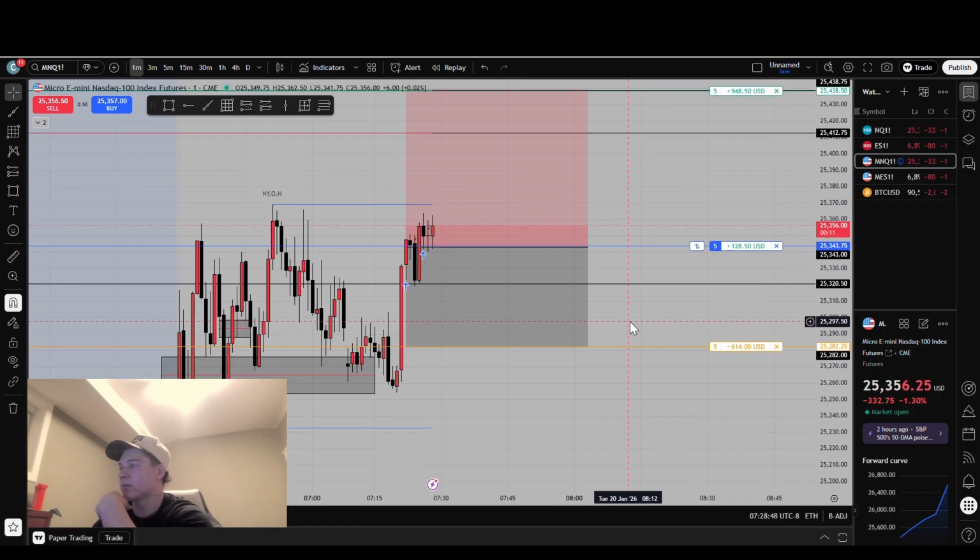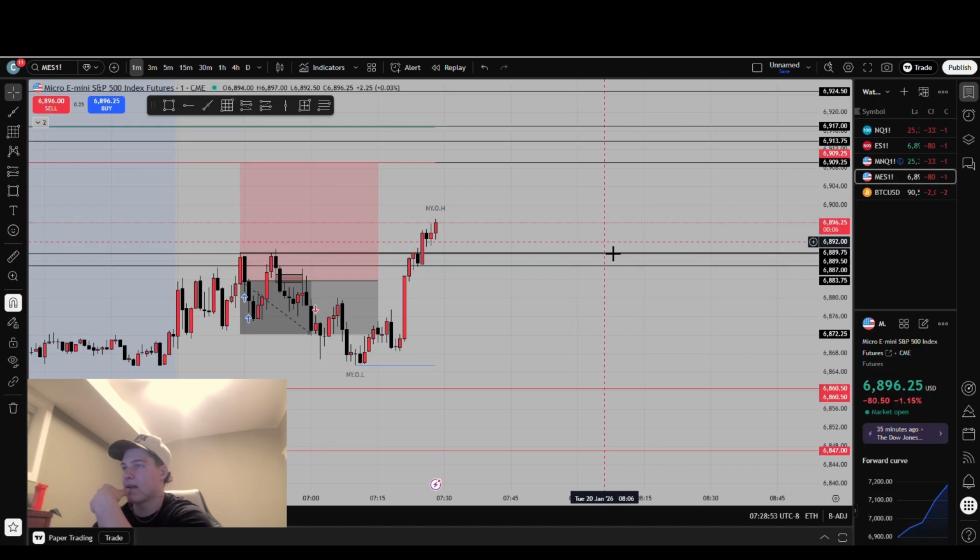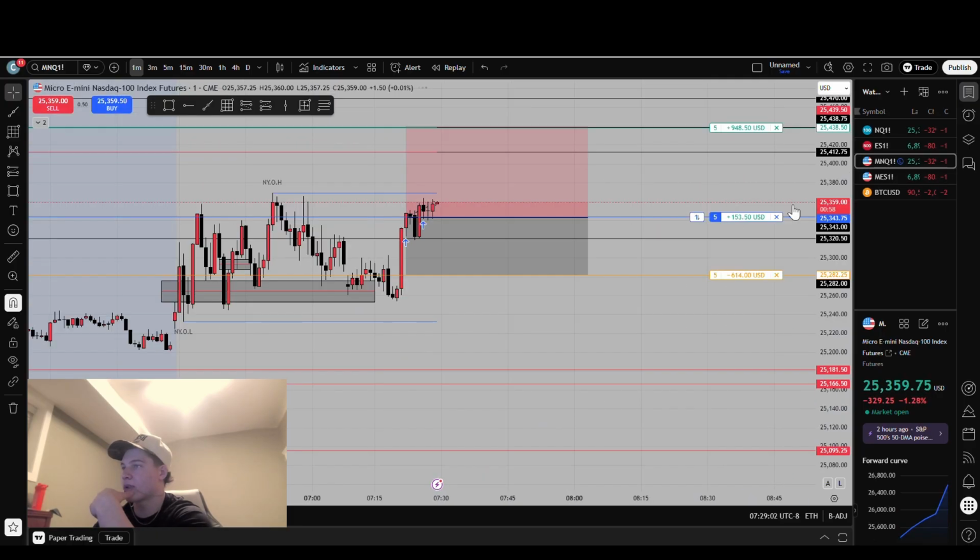We'll sit here and watch this one play out, and we'll trail the stop loss as needed. Yes, setting way above these highs. Great. I'd like to see NQ follow suit here. That's what we want.